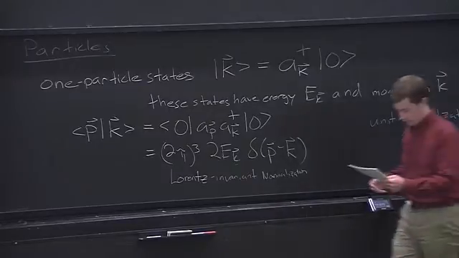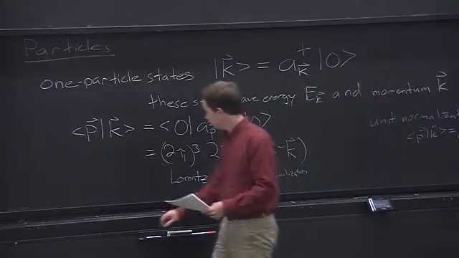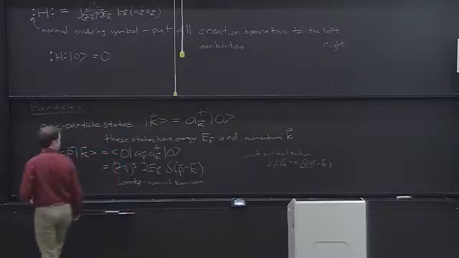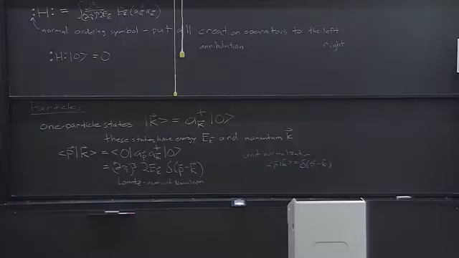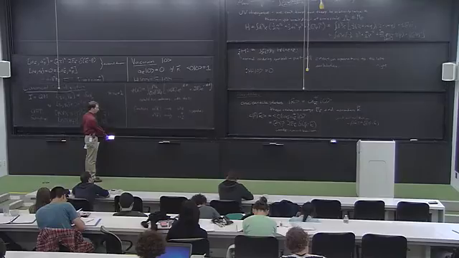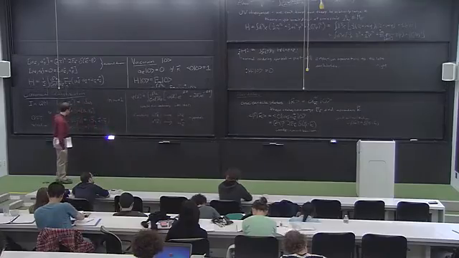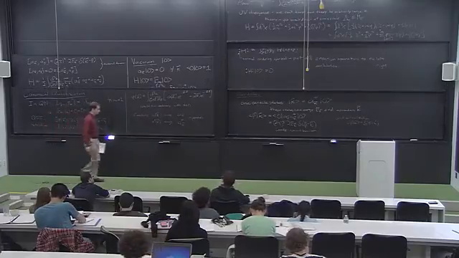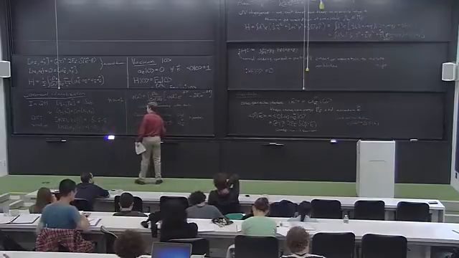Okay. So those are our one particle states. We can repeat this process and act on our one particle states with the creation operator again, as many times as we like, to get n particle states.